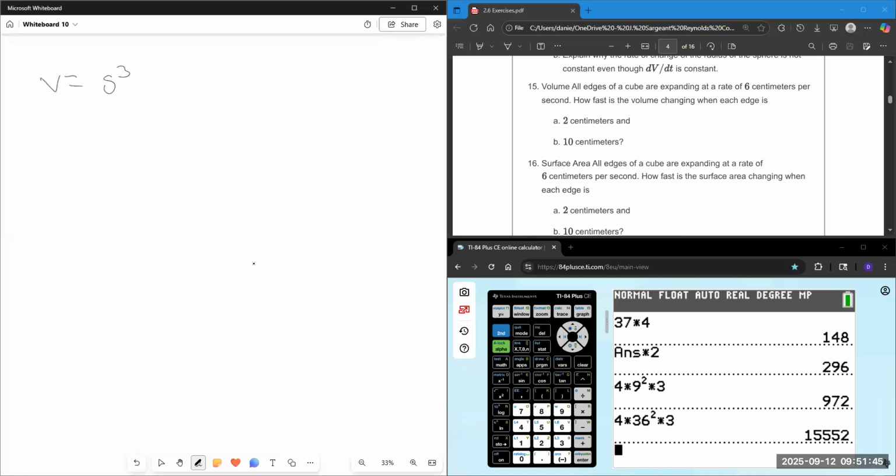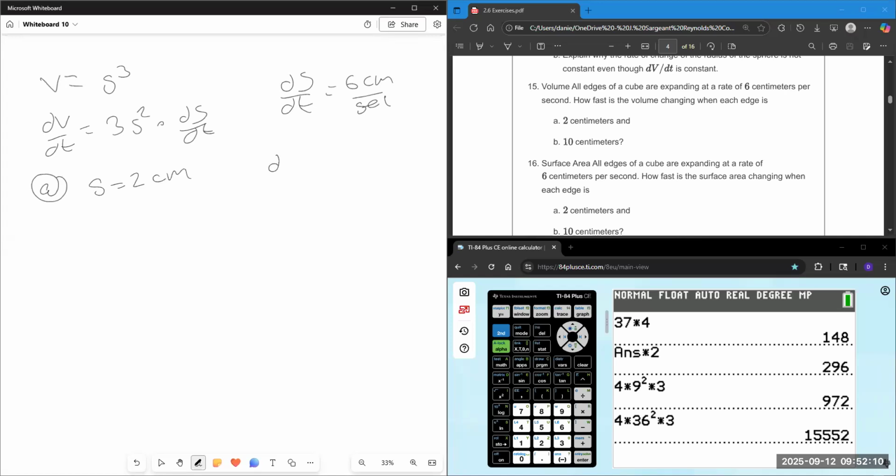And the sides are changing at a rate of 6 centimeters per second. And then dV/dt is going to be 3s squared times ds/dt. Part A asks what dV/dt is when s is equal to 2 centimeters.